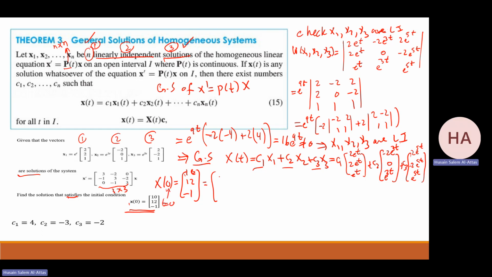I have 2c1 minus 2c2, because e to the power t will be 1, plus 2c3. Then 2c1, this is 0, minus 2c3. And the last one is c1 plus c2 plus c3.